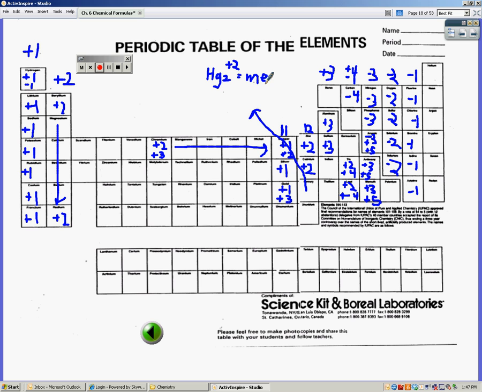Even though there's 2's in there, it's because the charge of each of them is only +1. Mercury Roman numeral 1. And then the other form is just Hg with no subscript, but it still has a charge of +2. We call this one mercury 2, since its charge is +2.